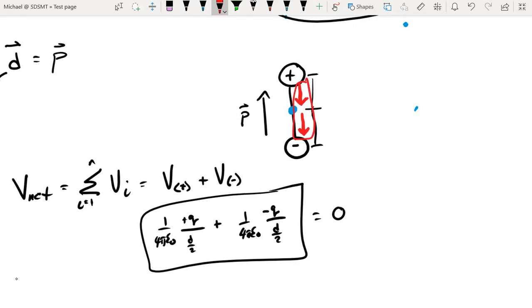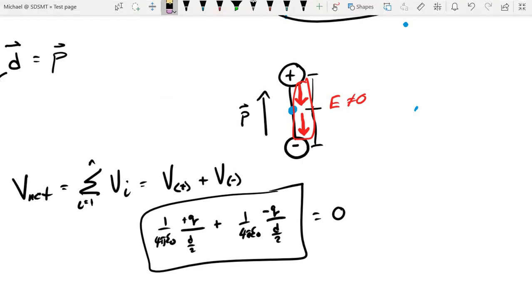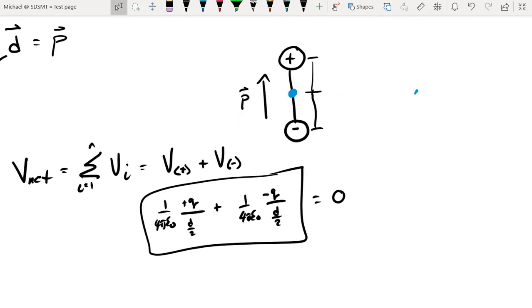If we added those fields together, we would not get a 0 field value, yet we are getting a 0 potential value. So do not mistake the behavior of the electric potential as being the same as the electric field. The simple fact that we are no longer working with vectors changes the math.